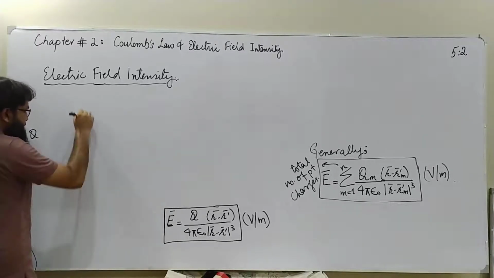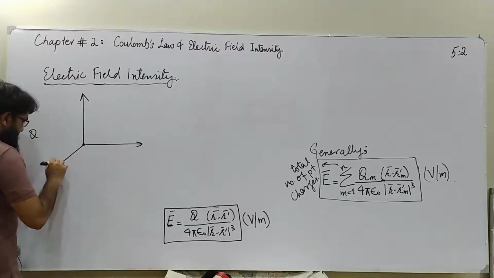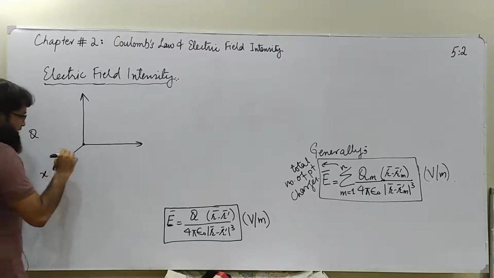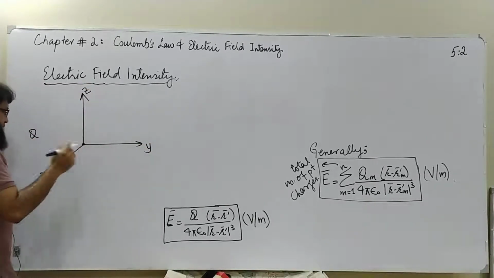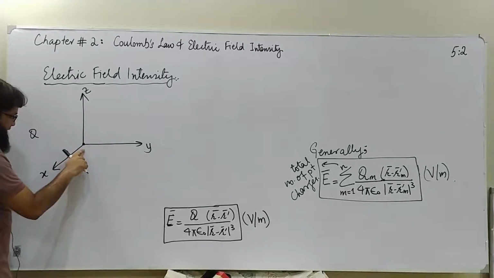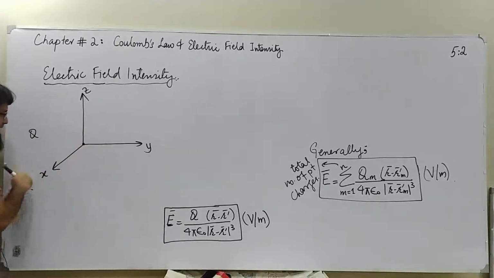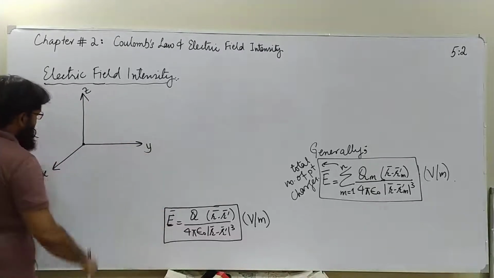So let's try to put it at the origin of a spherical coordinate system. Let's use a spherical coordinate system, make this source charge the origin or the reference, and now try to give the expression for the electric field intensity in this case.